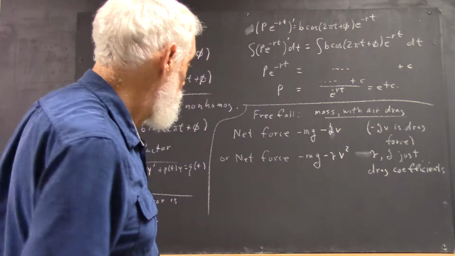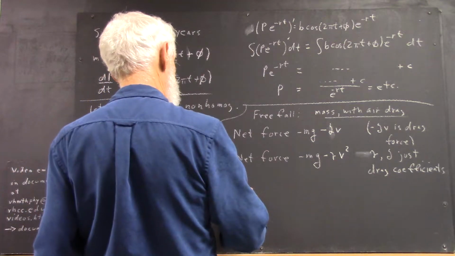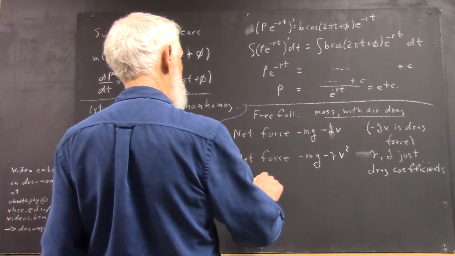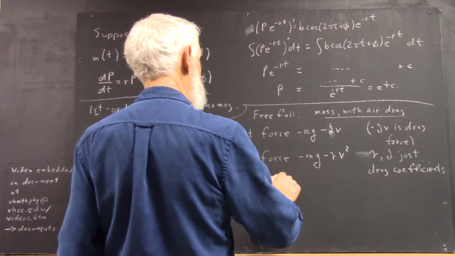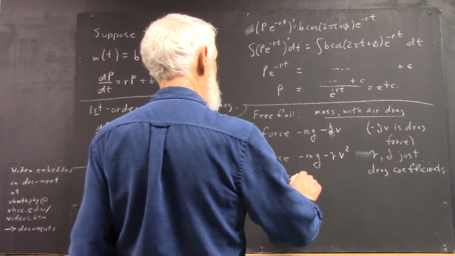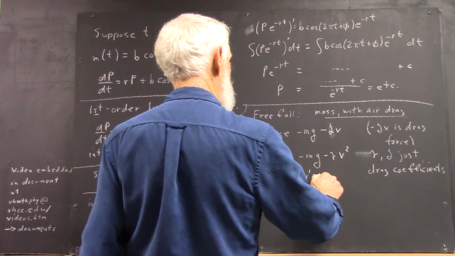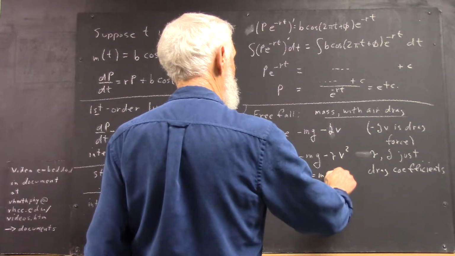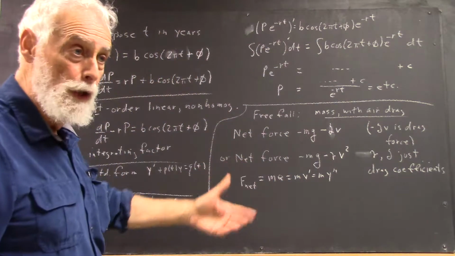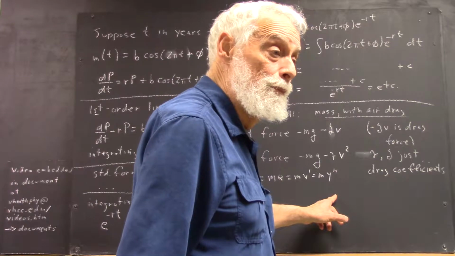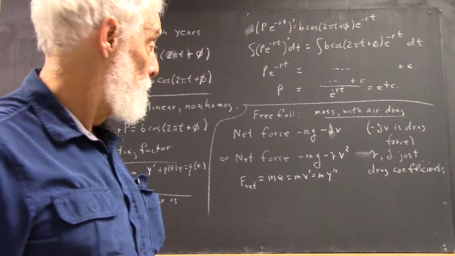Well, the net force, which I'll just abbreviate by F net, is just mass times acceleration, which is mass times v prime, which is mass times, if we assume y is your position, y double prime. So we could use any of these to represent the net force.